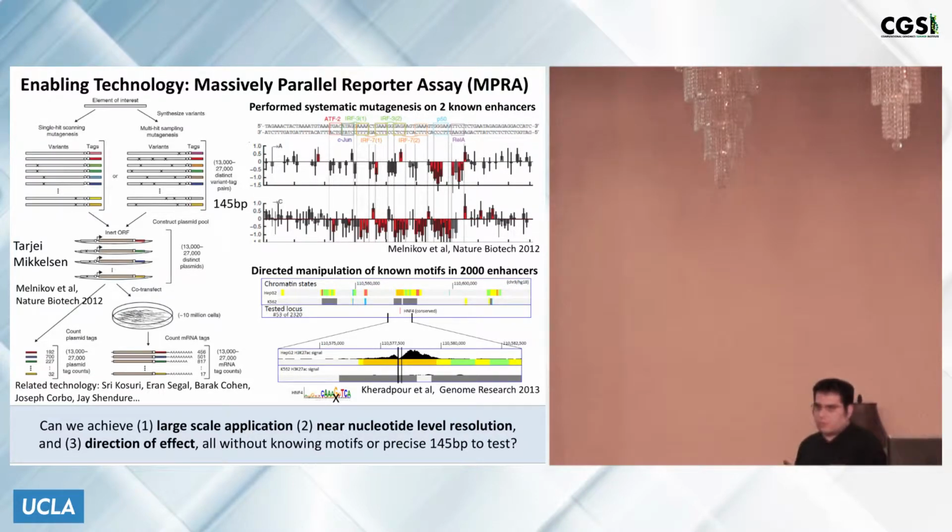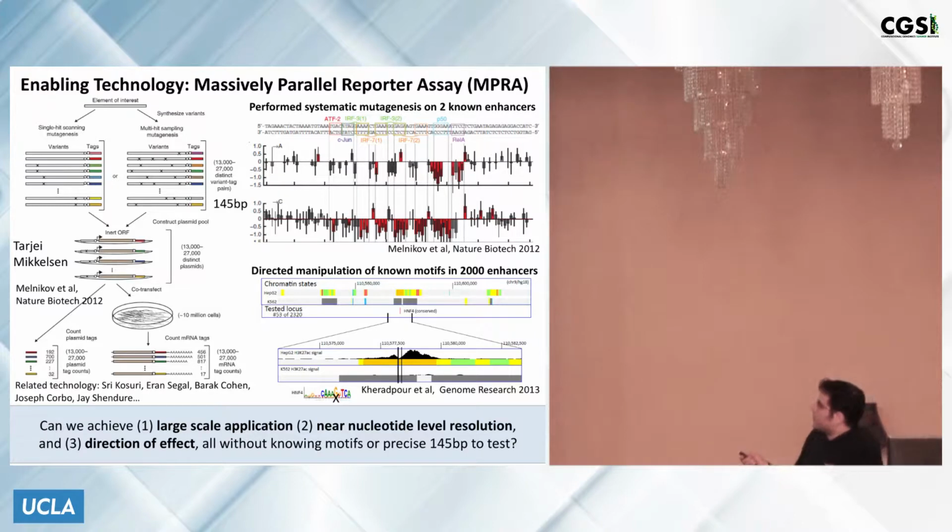This gives you a very quantitative readout for thousands or tens of thousands of sequences that you have complete control on how they're designed. One limitation is they're about 145 base pairs in length, and this assay can also be noisy. So oftentimes people put multiple different barcodes for the same sequence they're synthesizing.